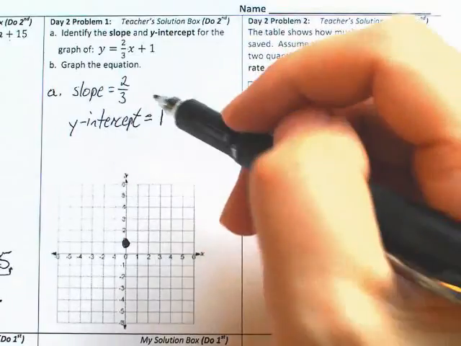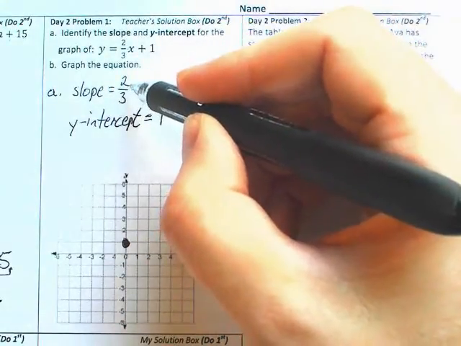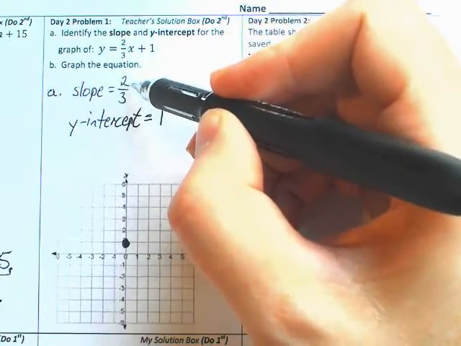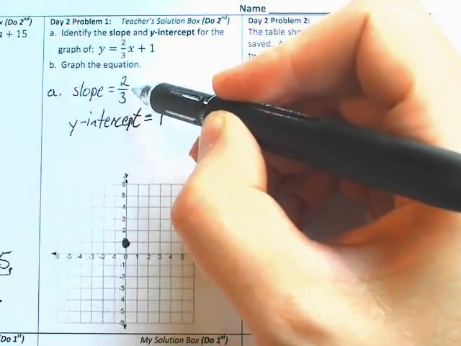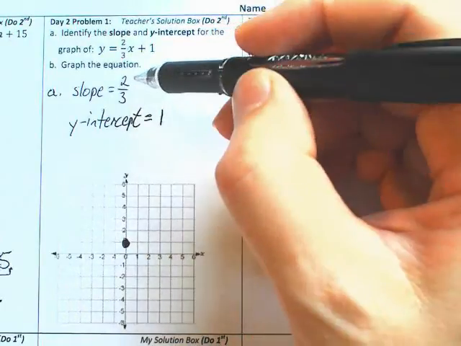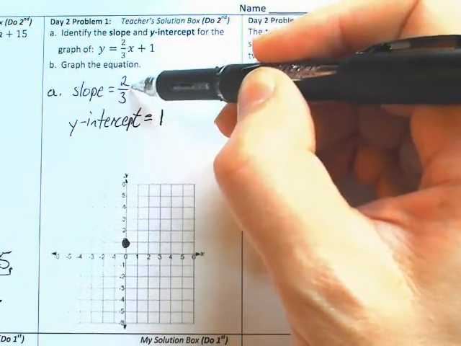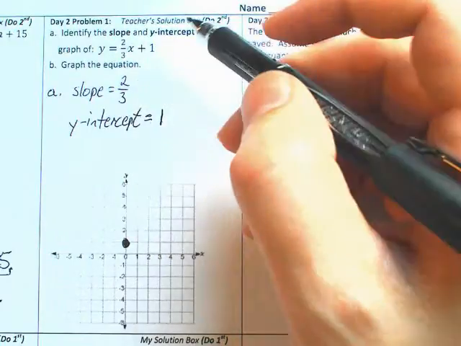Okay, now the slope, 2/3. Again, slope is another word for rate of change. It tells us how much the value of y is changing when the value of x increases by 1 unit. In this case, y is going to increase by 2/3 of a unit every time x changes by 1 unit.